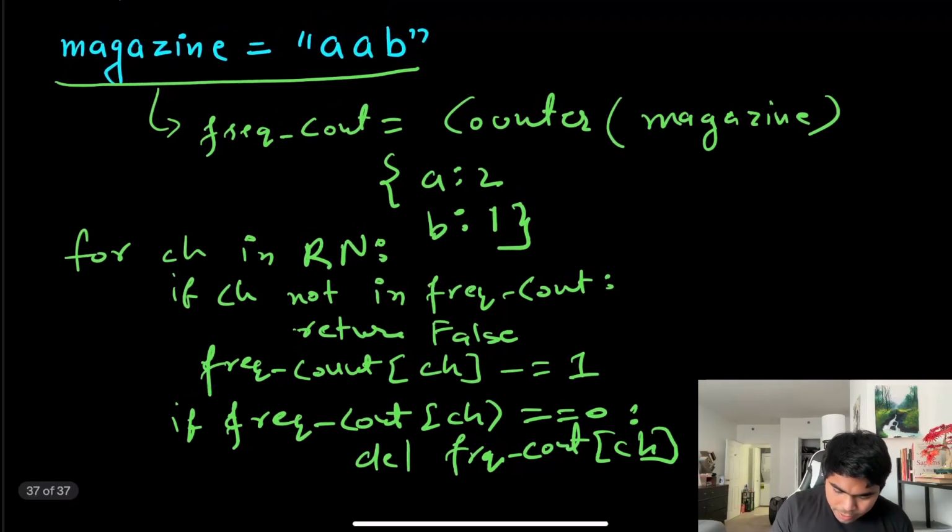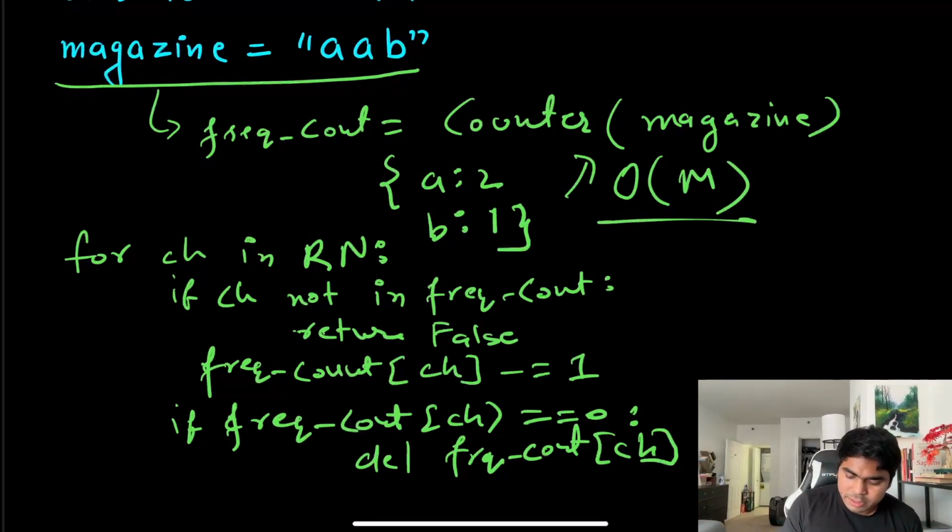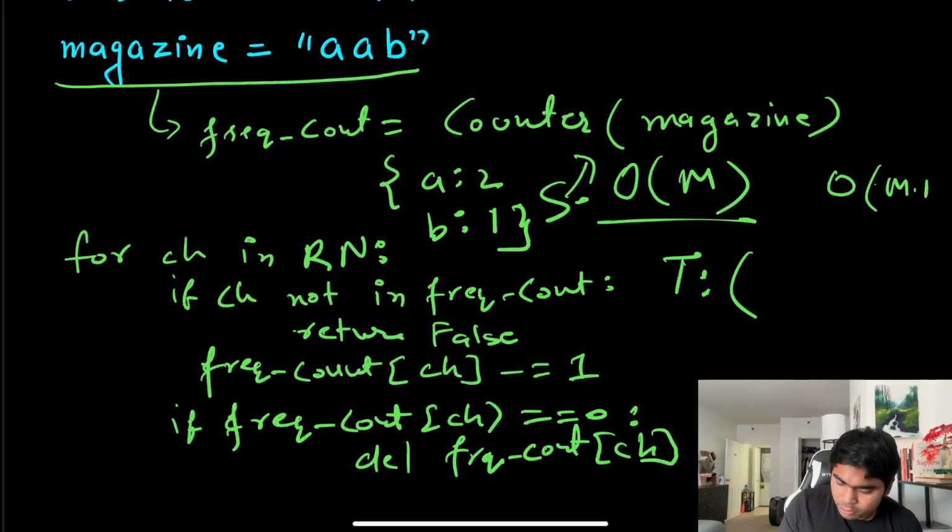Now I'm introducing some space complexity, O(M), but I'm bringing down the time complexity from O(M times R) to just O(M plus R).